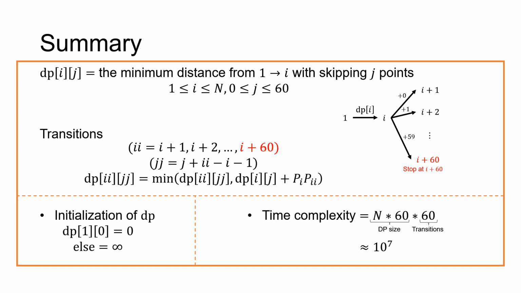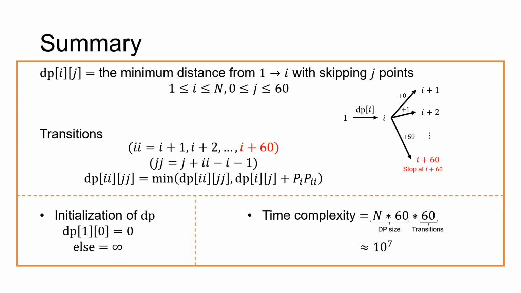Let's summarize the answer. We define dp of i and j as the minimum distance from 1 to i with skipping j points. The variable i ranges from 1 to n, and the variable j ranges from 0 to 60. Let ii be the next state of i, and we only check the value of ii from i plus 1 to i plus 60. Then, jj is defined as previously, and the transition from dp of i and j to dp of ii and jj is given as well.